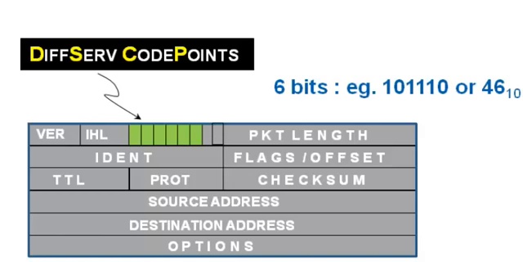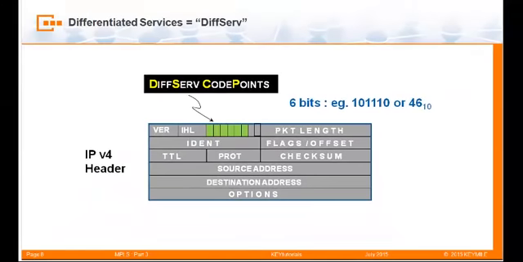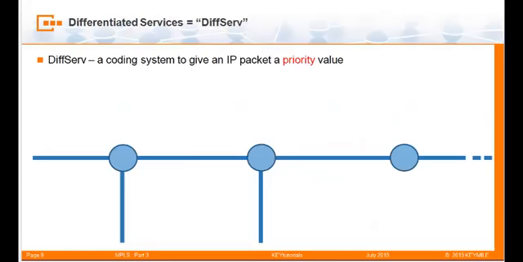At each point of potential congestion in the network, such as a router, the diffserv code point of all the incoming packets are checked. In the buffer, the order of the packets for transmission is rearranged according to the relative priorities. Take a look at this animation and keep an eye on the packet with the dark orange code point. At the first node, it arrives with other packets and all the code points are checked, and our packet is found to have the highest priority, so it's transmitted first.